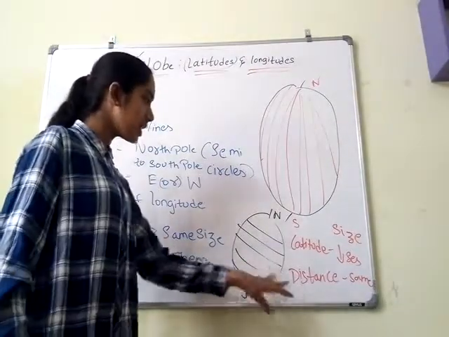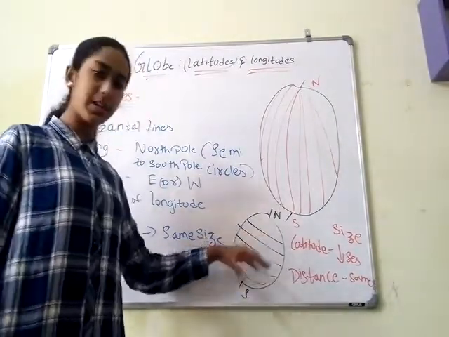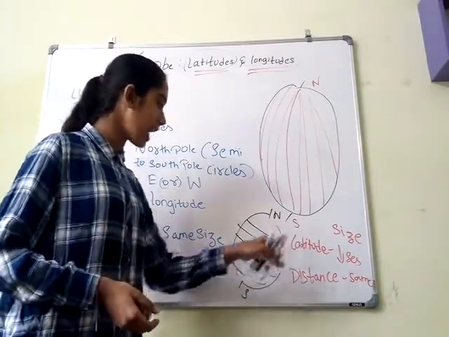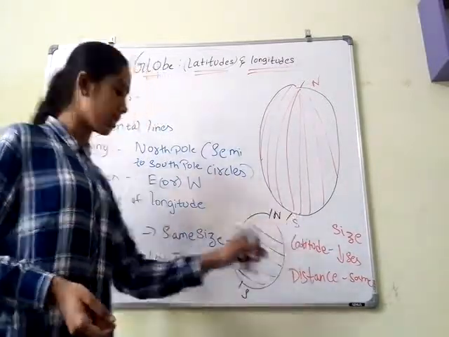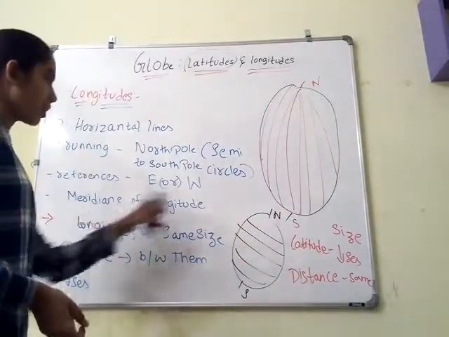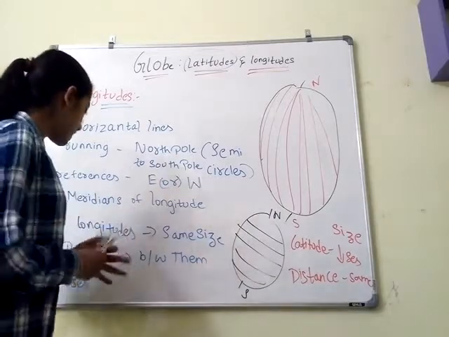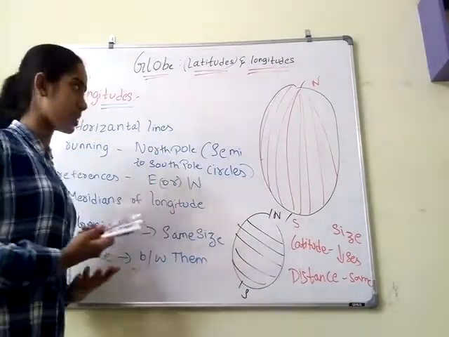For latitudes, the distance between each latitude is the same as we move towards the poles, but the size of the latitude decreases as we move towards the poles. But in the case of longitudes, they have the same size, but the distance between them decreases as they move towards the poles.